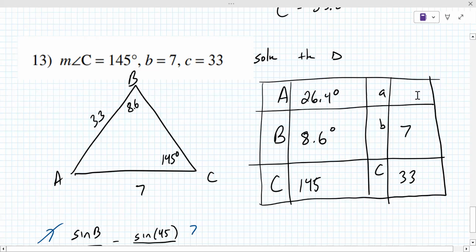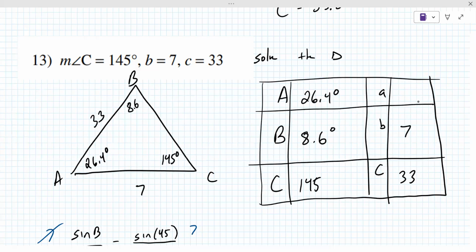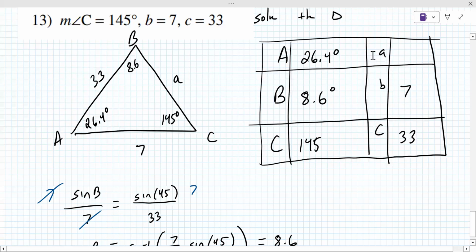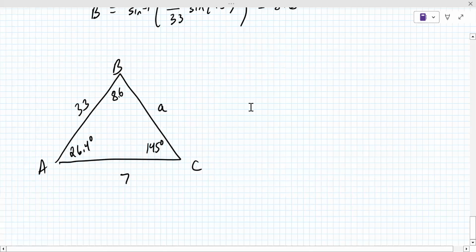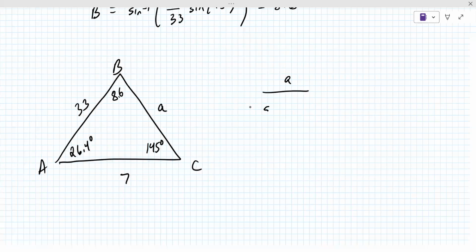Now, how can we find side A? Just plug in big A to the equation with another pair. Yes, yes. So I'm going to grab the triangle down here just to show that. When you want to find A, you're going to take the sine of 26.4. And then you have a choice.